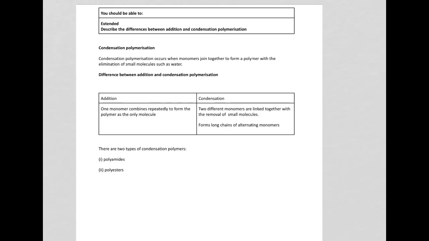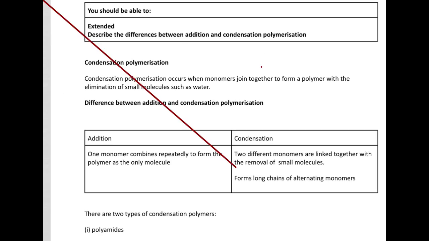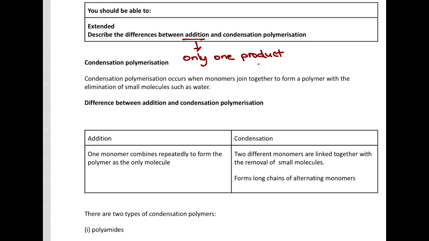Let's now look at the differences between addition and condensation polymerization. Now, we saw that in addition polymerization, you have the formation of only one product. But in condensation polymerization, you're going to have the elimination of small molecules such as water molecules.